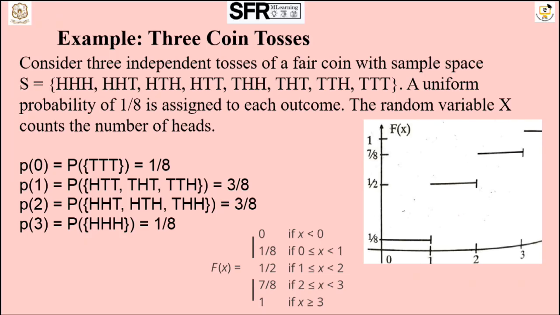The others are also defined here. I am defining the distribution function for the tossing of 3 coins. So f of X is 0 when X is less than 0, and 1 when X is greater than or equal to 3, with summation Pi equal to 1. Otherwise the probability is equal to 1 by 8, 1 by 2 and 7 by 8.